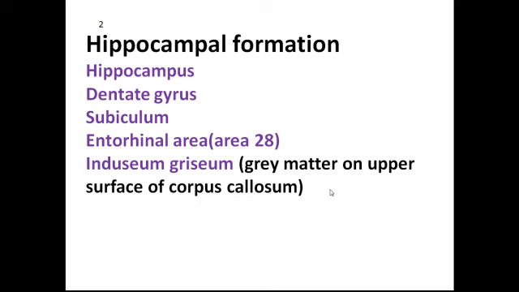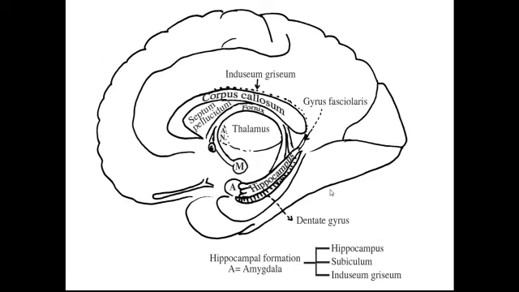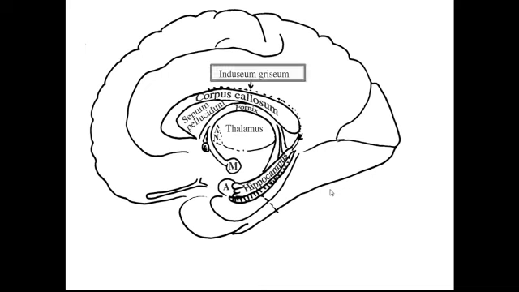The hippocampal formation is formed by a number of structures: hippocampus, dentate gyrus, subiculum, entorhinal area, and the indusium griseum. The indusium griseum is gray matter scattered on the upper surface of the corpus callosum. This is the indusium griseum on the upper surface of the corpus callosum.